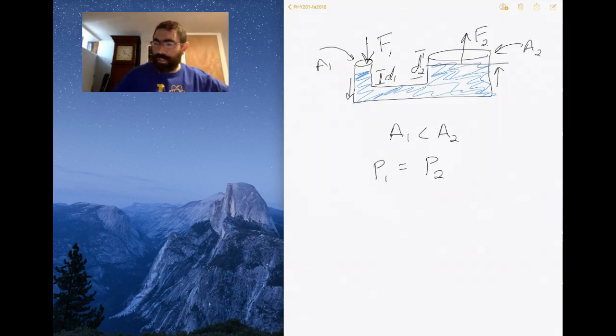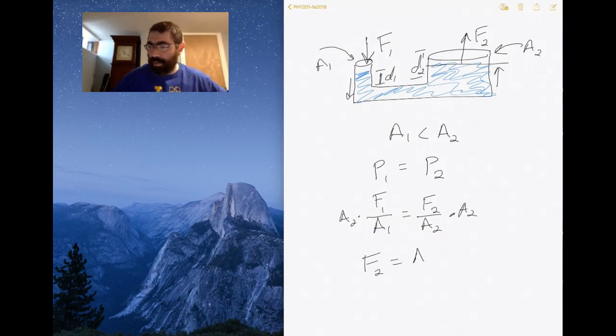So now if I plug this in, the pressures are force 1 divided by area 1 is equal to force 2 divided by area 2. And if I multiply both sides by area 2, then I get force 2 is equal to area 2 divided by area 1 times force 1.